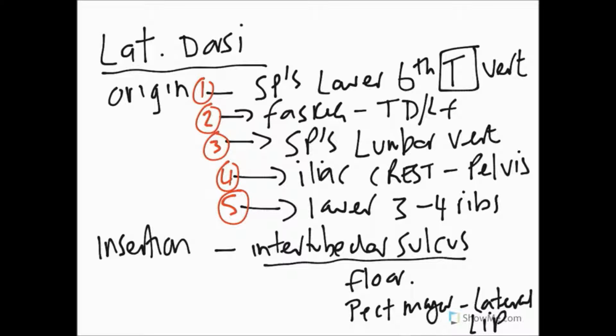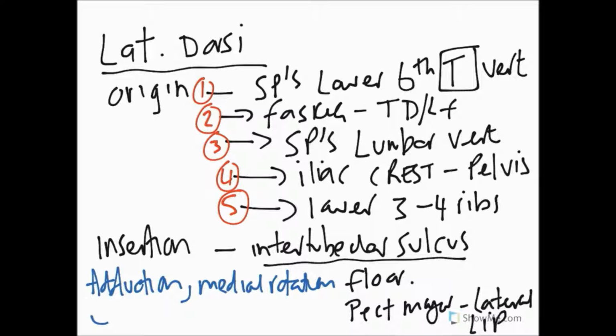So what about some of those functions? Well, as I said, some of them overlap. We get adduction, so we'll do that in blue here. We get adduction. We also get medial rotation, too. We get extension of the arm this time, not flexion.